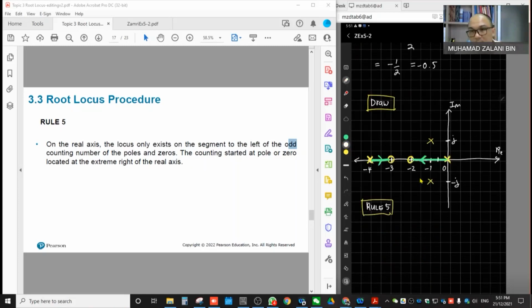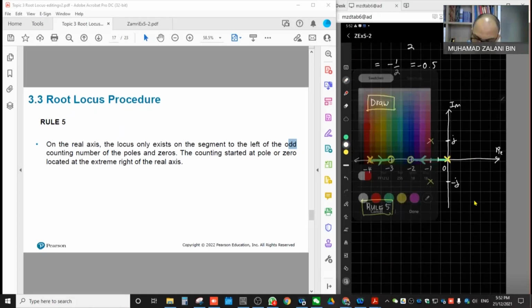That is the centroid. So what I will do is draw the asymptotes across the centroid.